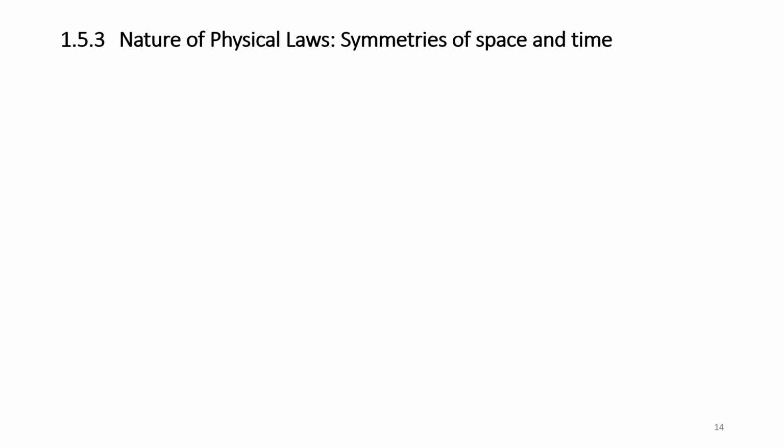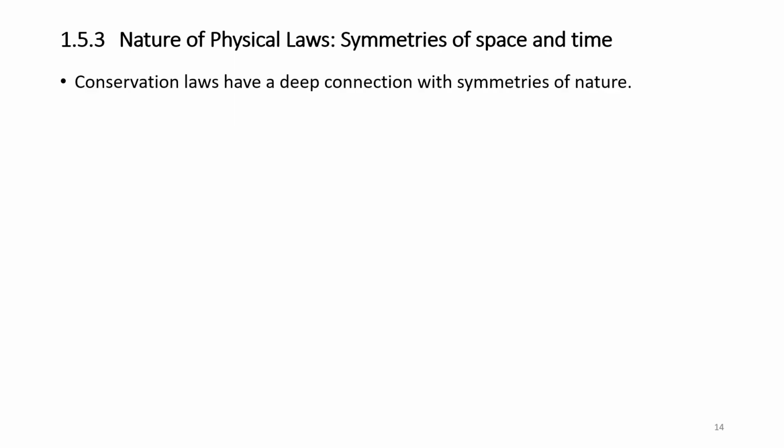Symmetries of space and time. Laws of conservation have a deep connection with symmetries of nature. Symmetries of space and time and other types of symmetries play a central role in modern theories of fundamental forces in nature.